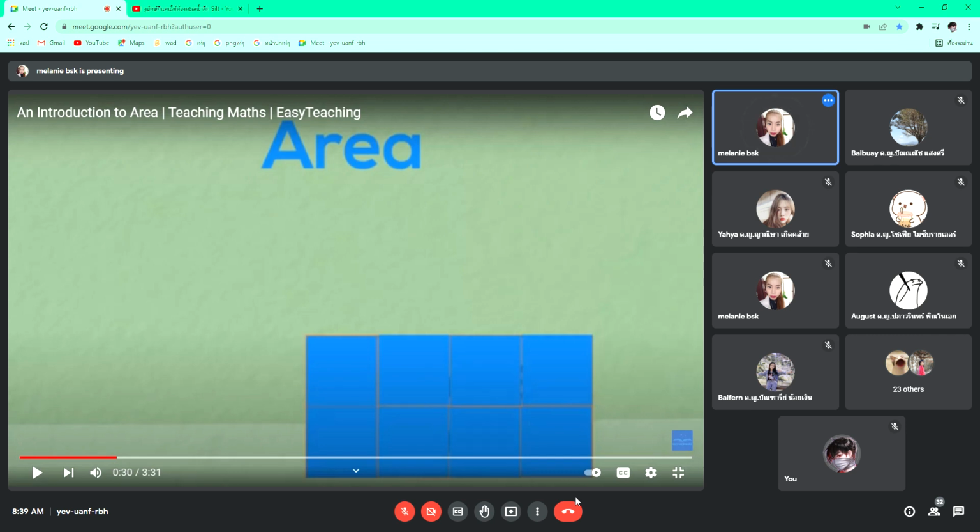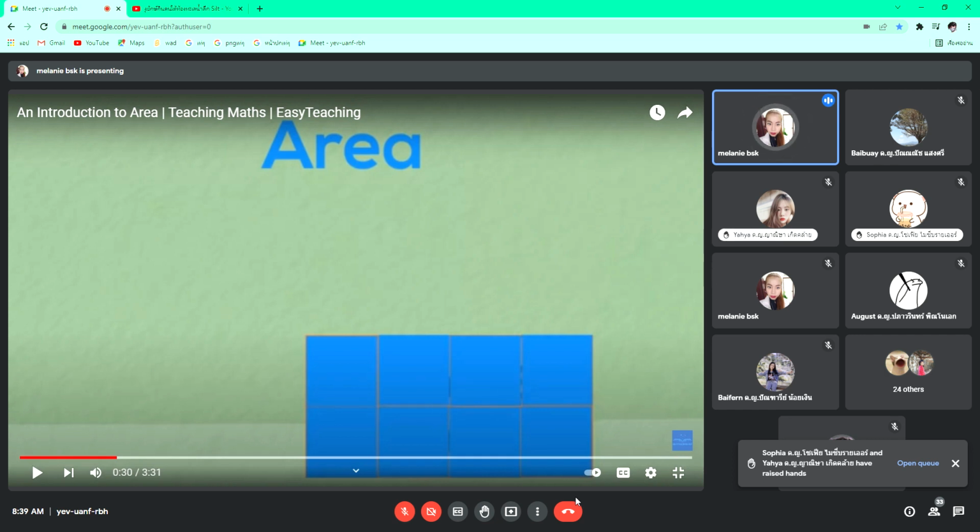Anybody? How many squares could fit in your rectangle, children? Sophia. How many squares? 8 squares. Okay, so we have 8 squares.